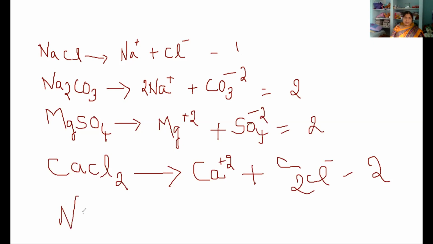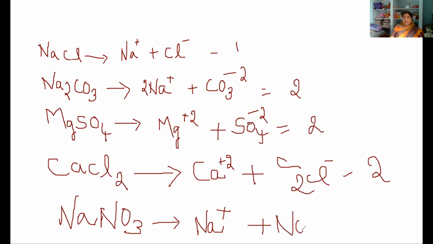Actually, this is not calculated, I think. But you should know the splitting, no? NaNO3. So how will it be? Na plus, NO3 minus. Okay, so what is the charge here? Plus 1, minus 1. So the charge is 1.